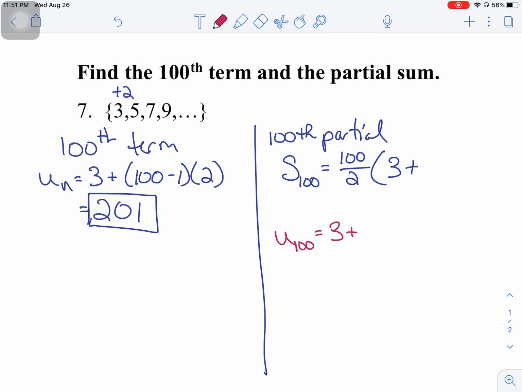So 3 plus 100. I need to stop doing this for a second. Okay, back up. For anybody who is yelling at the screen, you have found the 100th term. It's right here.